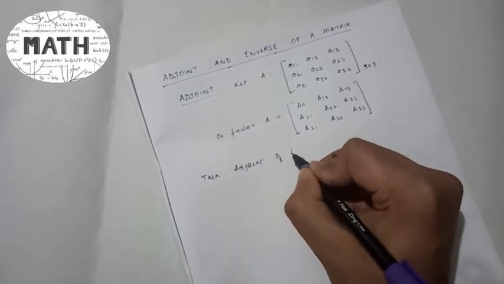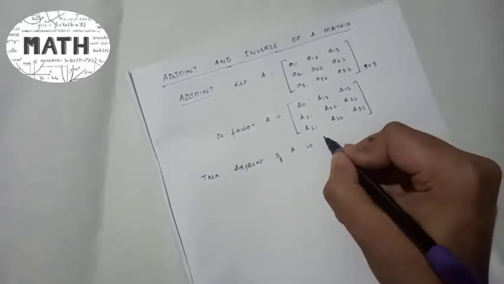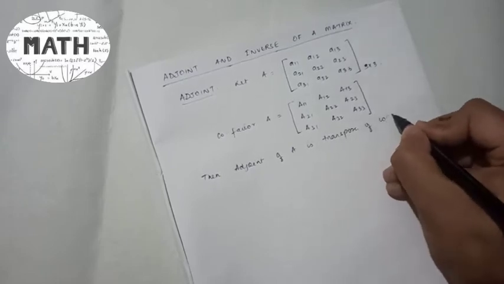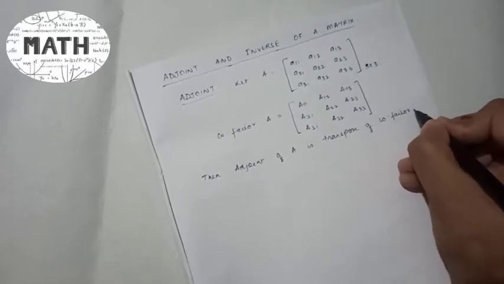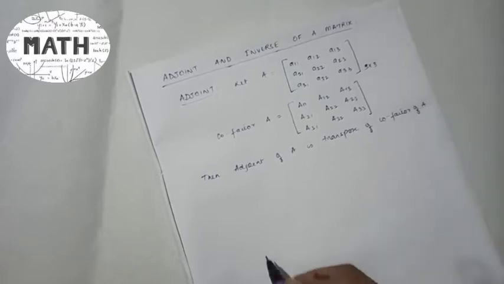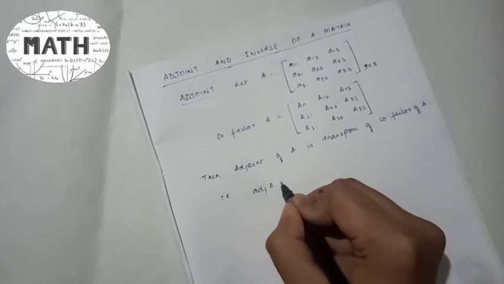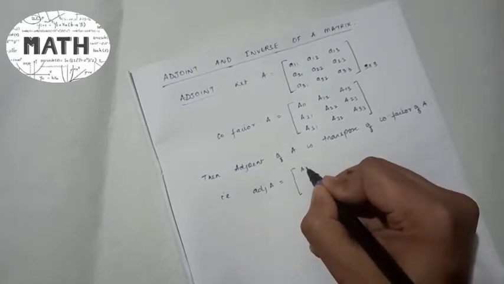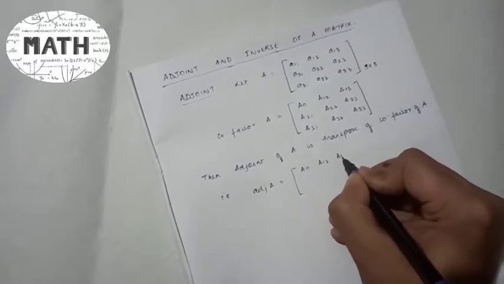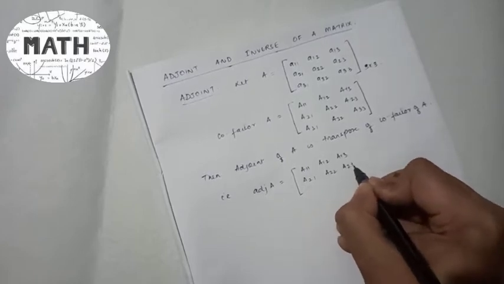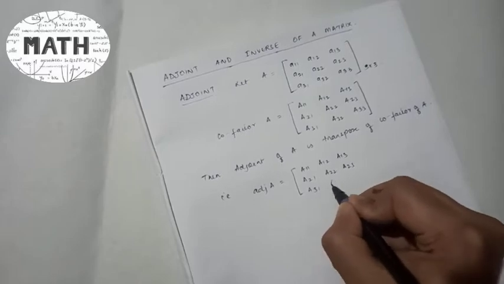Then the adjoint of matrix A is nothing more than the transpose of the cofactor of A. That is, your adjoint A would be the transpose of this matrix. That's the cofactor.